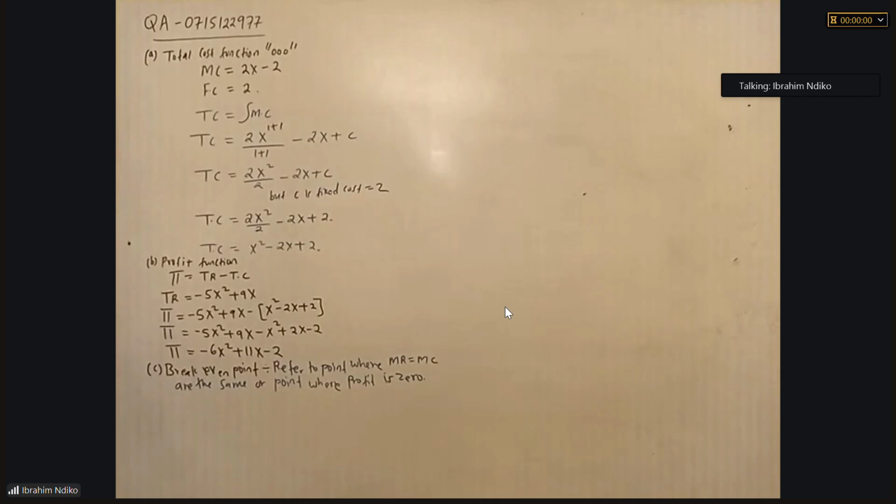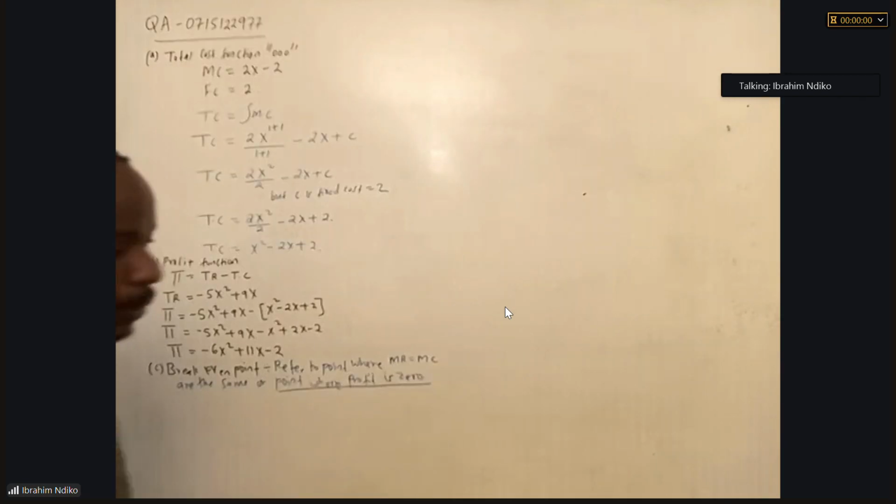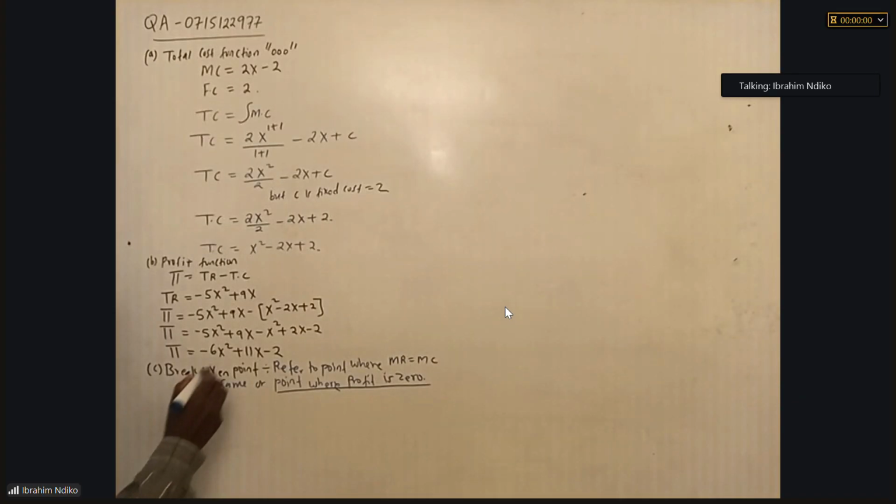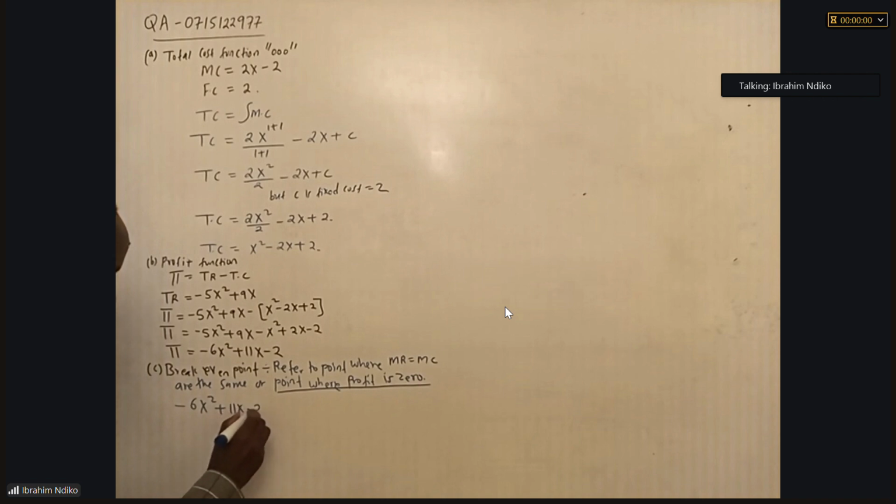So we can use either. I will use the second one. The point where profit is zero. So this is our profit. Minus 6x squared plus 11x minus 2 equals 0. So let us find the value of x.